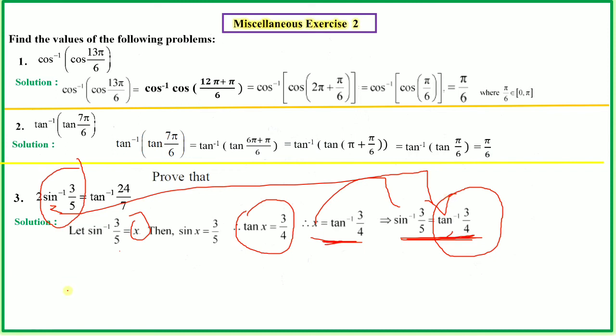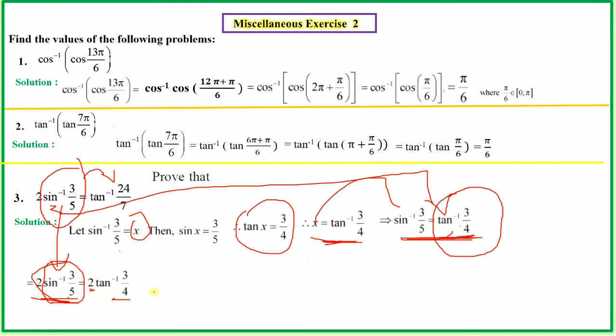You will understand now, because then it will become 2 tan inverse x, and 2 tan inverse x can be easily converted into a single tan inverse. We have the formula: 2 tan inverse x is equal to tan inverse 2x upon 1 minus x square. So now we write 2 sine inverse 3 by 5 is equal to, the 2 stays outside, and sine inverse 3 by 5 is tan inverse 3 by 4 from here.